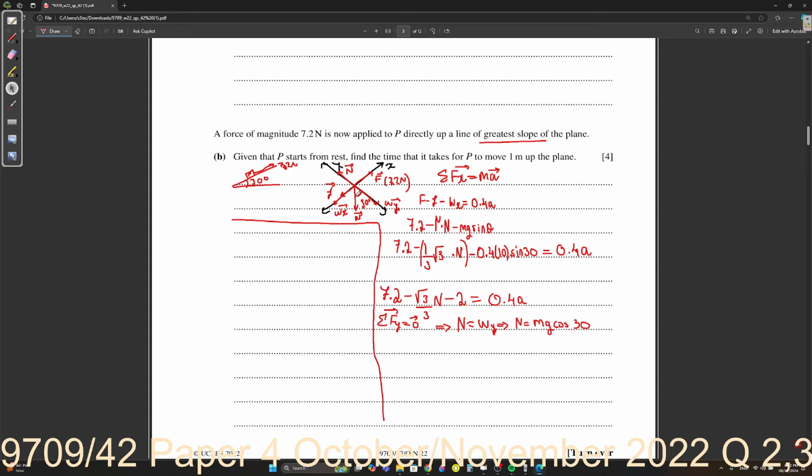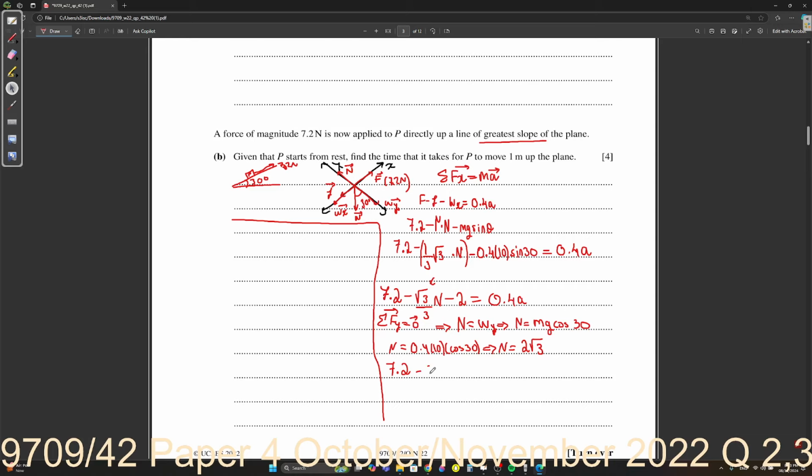Because theta is 30 and it's going to be cosine because it's Wy. So you're going to get N is equal to 0.4 times 10 times cosine 30. So N is equal to 2 root 3. So I can go back over here. I'm going to substitute N with 2 root 3.